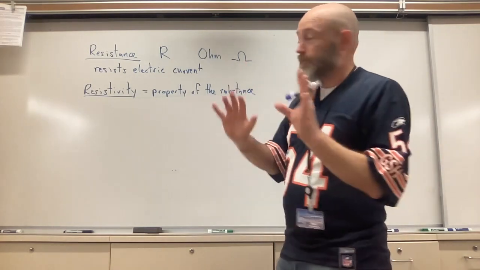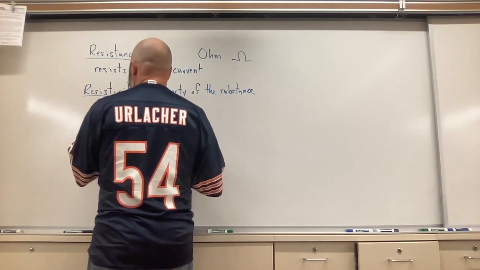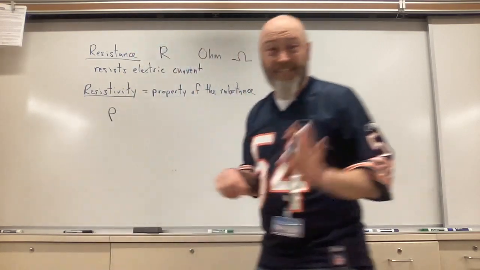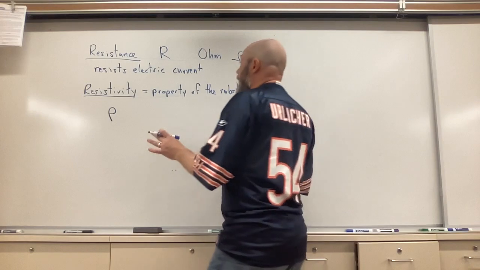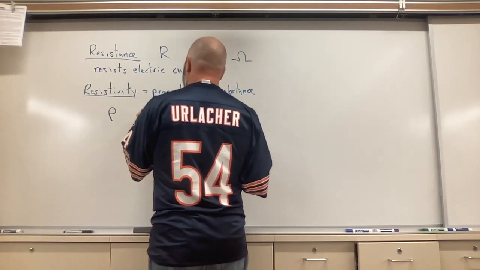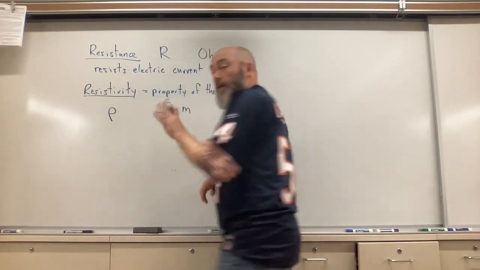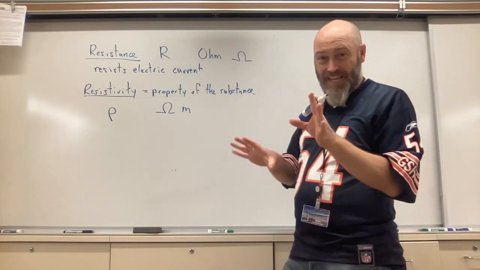For example, okay, the symbol for resistivity is a Greek symbol rho, and the units for resistivity are ohms times meter, which we'll talk about why that is in a minute.